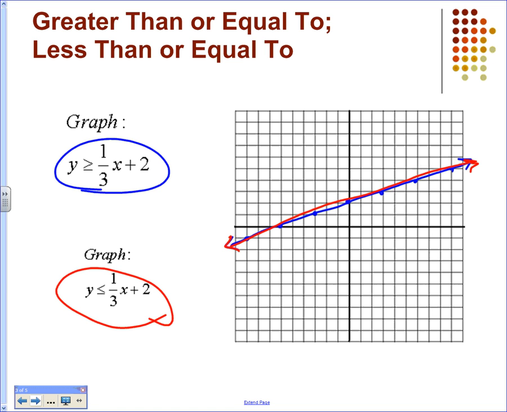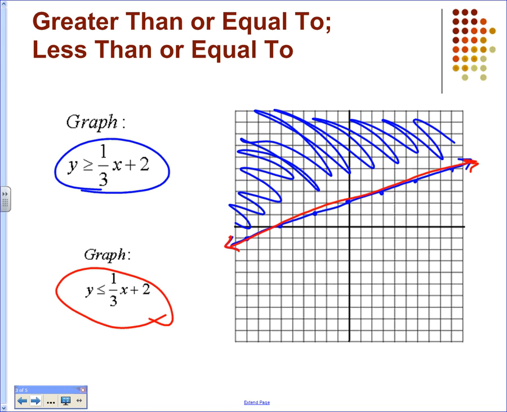The only difference is greater than or equal to or less than or equal to. For this top one, the first one, y is greater than or equal to. Where will I shade? The top, because it's greater. Bigger numbers. Greater is always the top. If it's a solid line, yes.